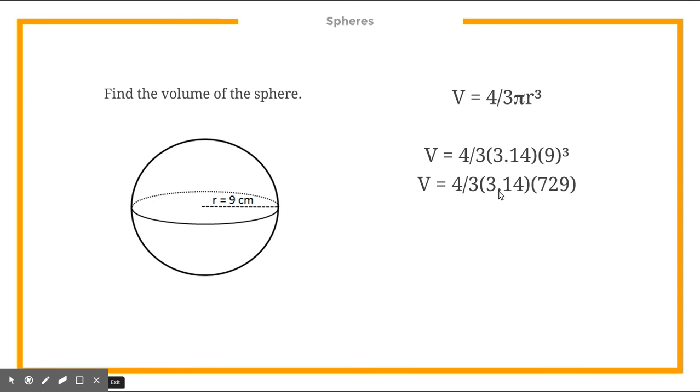And now I multiply 3.14 times 729, which gives me a gigantic number, which again is why a calculator will be very useful. And when you do 4/3 times that number, 2289.06, that's a very terrible number. One thing you could do is you could turn it into a decimal and multiply, but it might make it off a little bit.